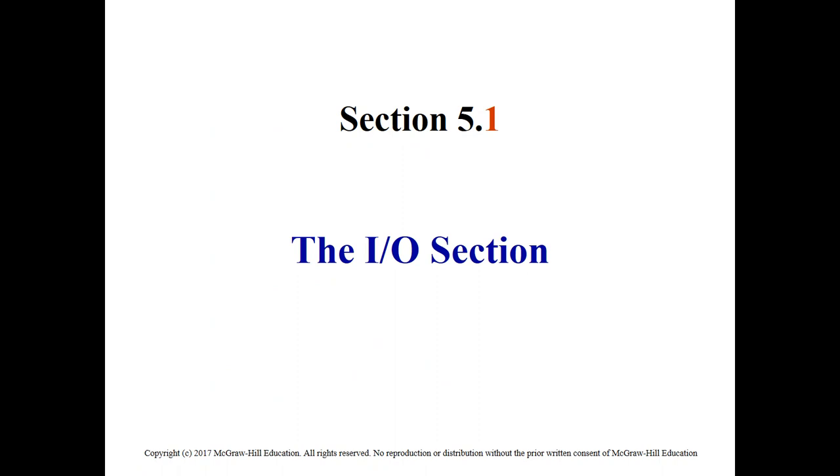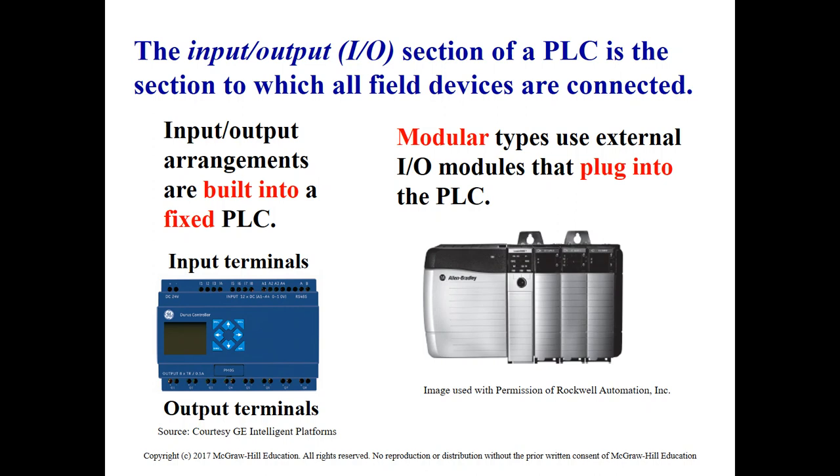In the first section, which is input-output section, when we talk about the PLC structure in the previous chapter, we see how these input-output interfaces are used to connect between the controller unit and the field devices.